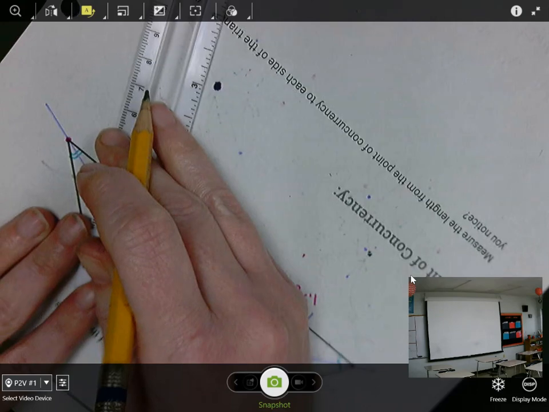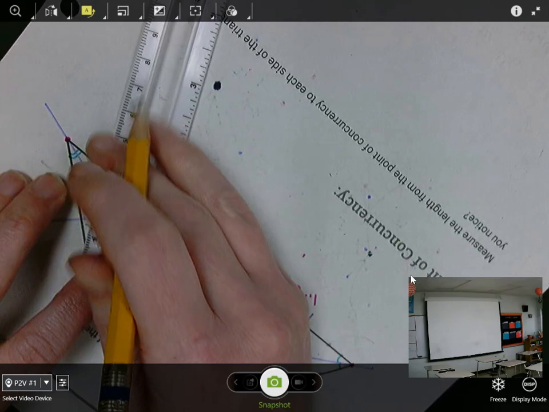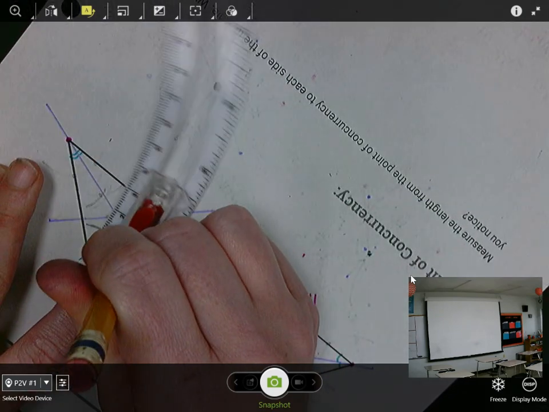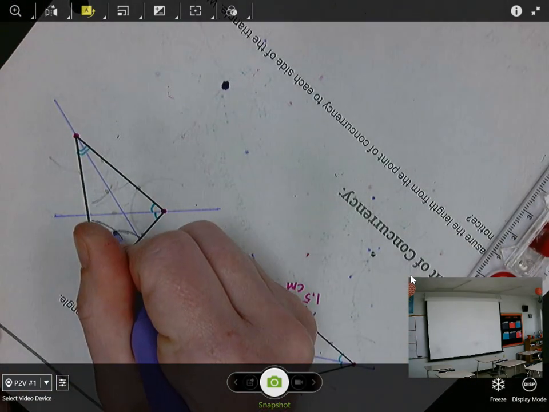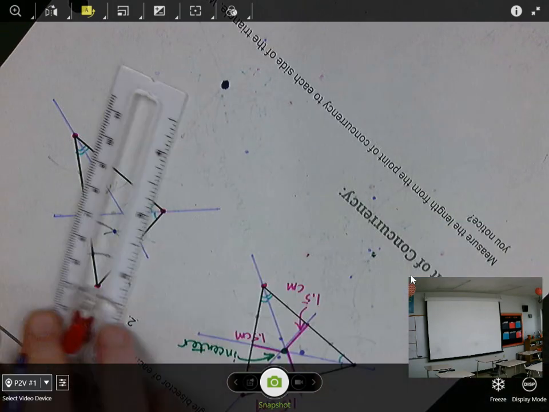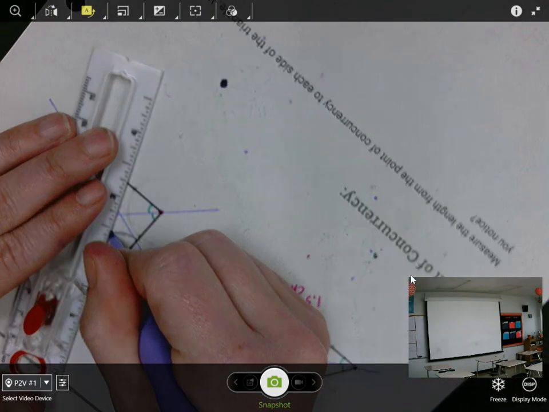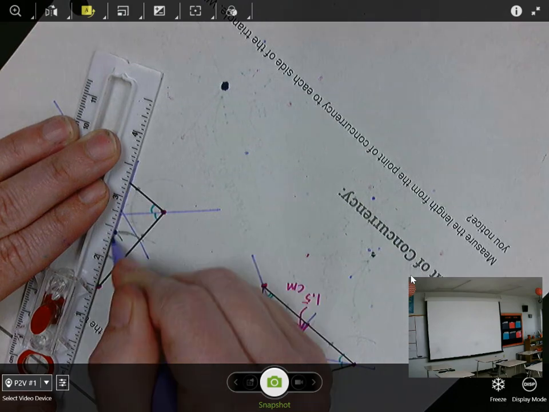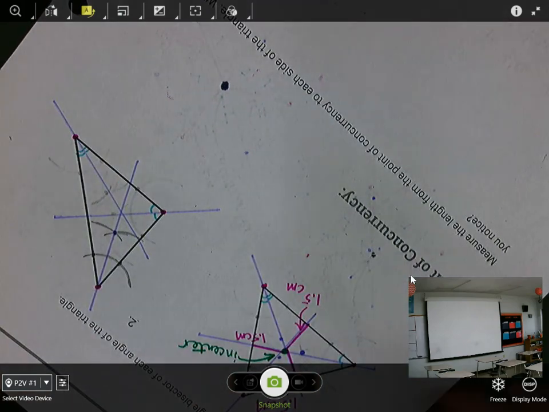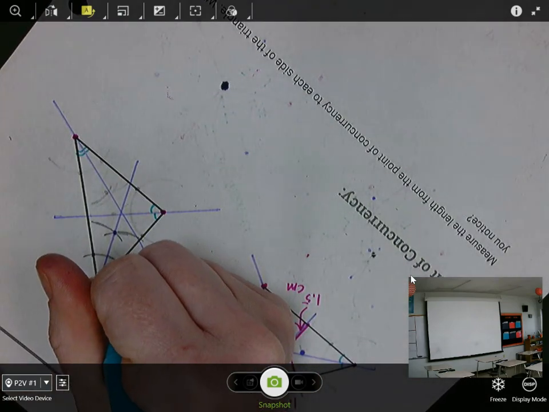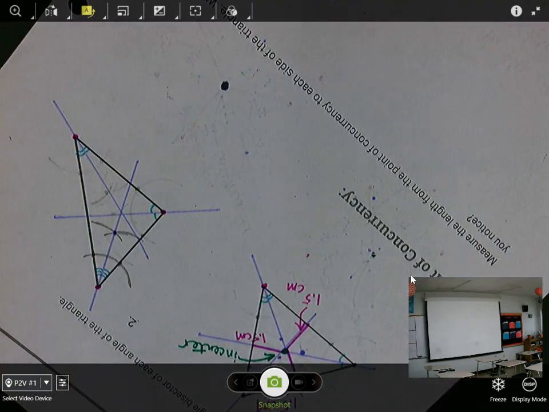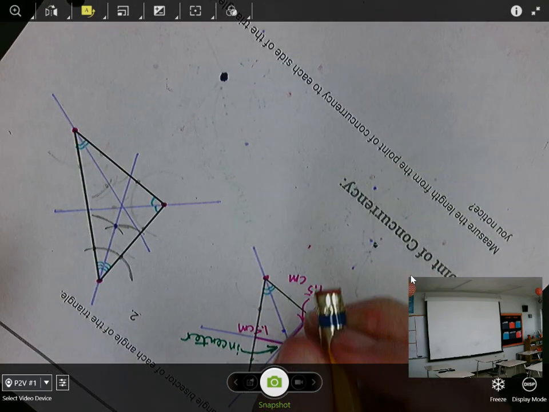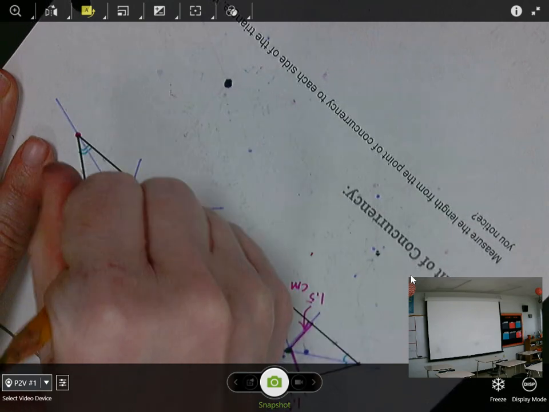And draw your arc here. Okay, put your point. And draw your line. Okay. And so that means that these two are congruent. Okay, and then you want to erase your three arcs.